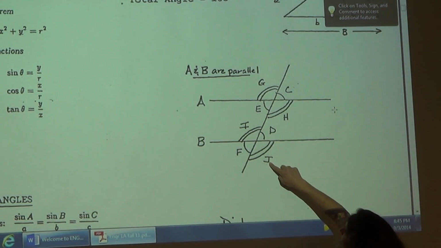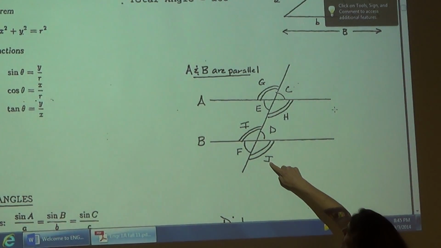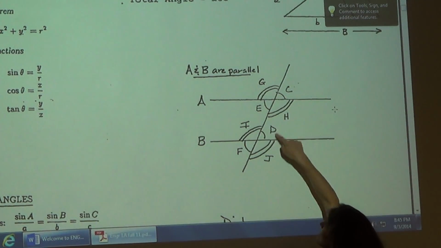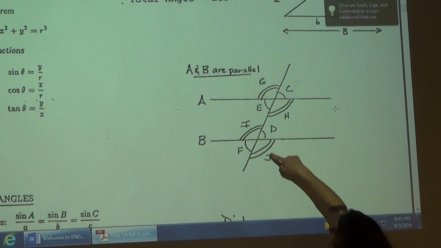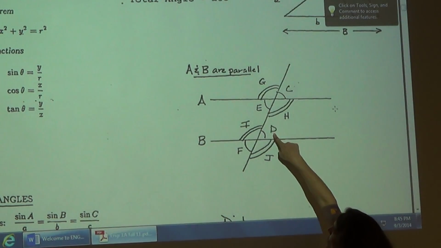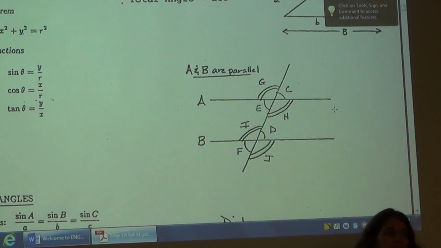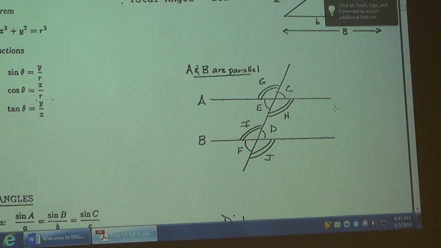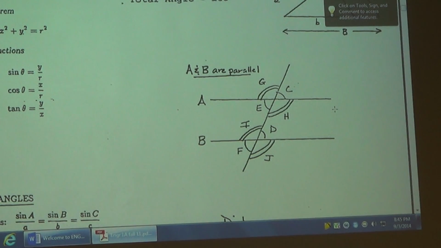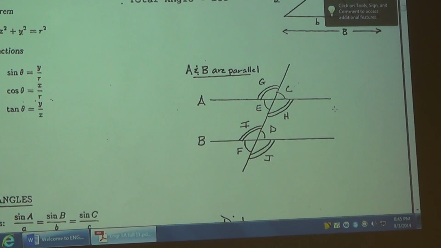H and J are corresponding angles. G and J are alternate exterior, and D and E are alternate interior, but you don't need to know this, I just thought it was fun to look it up. You just need to know which ones are equal.